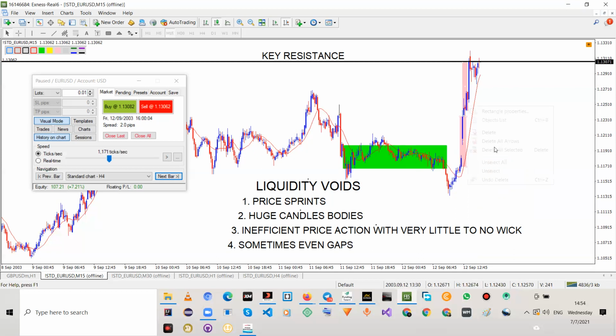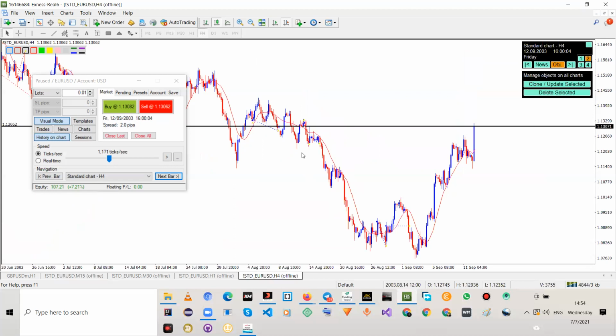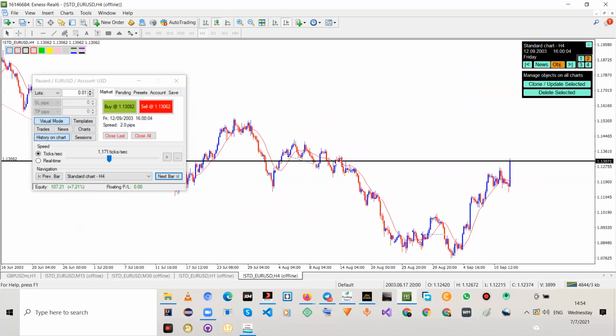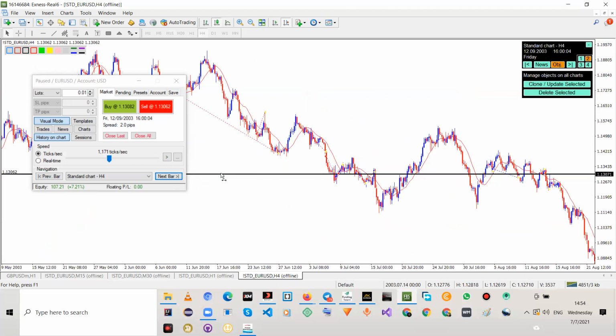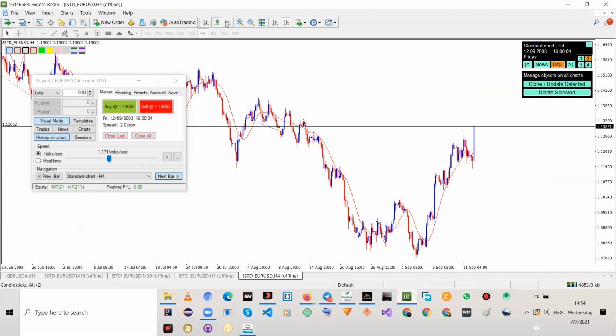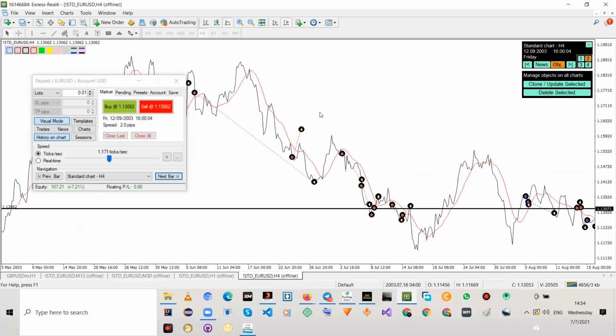So as you can see right now, my price is lying on my key resistance. That's my key resistance all the way from the H1 time frame. You can see there's resistance here, support, resistance, support. These are the trades from my back testing that I would have taken.